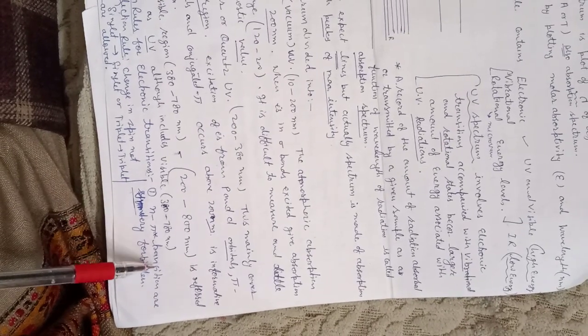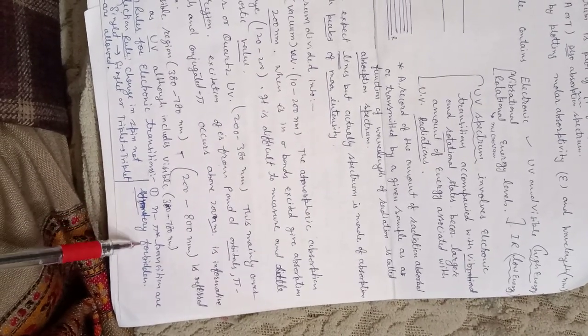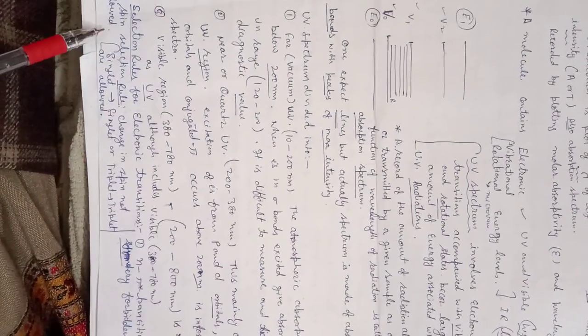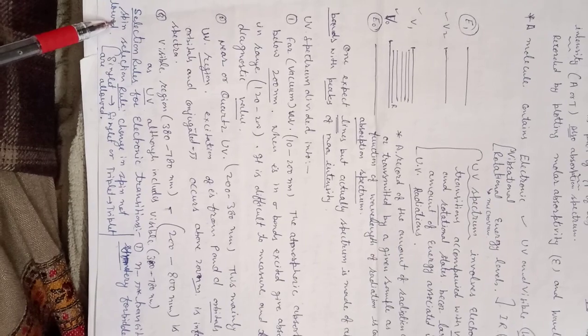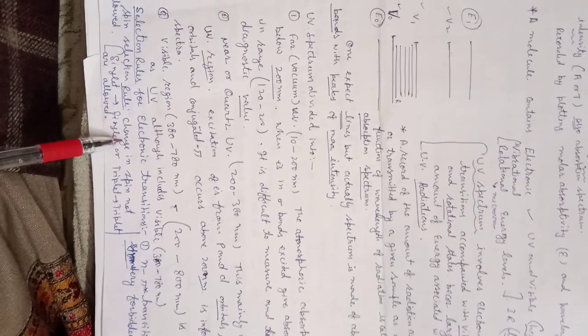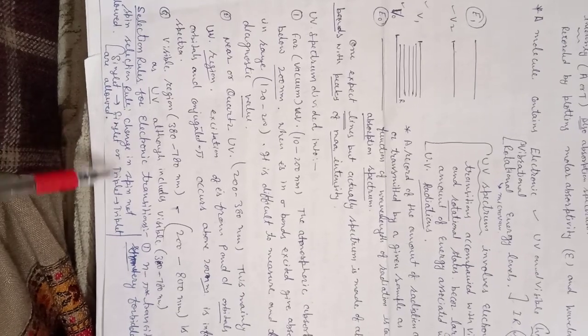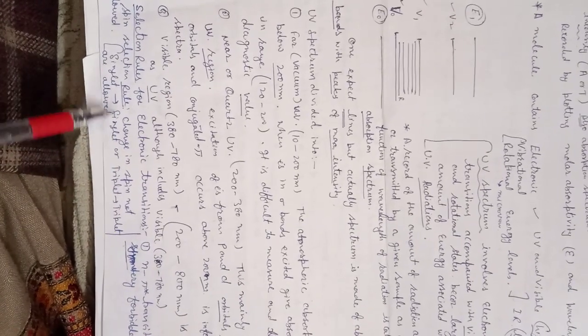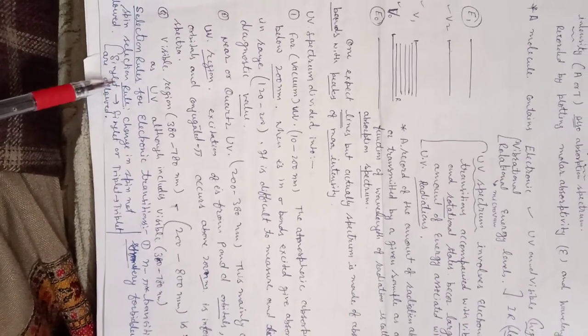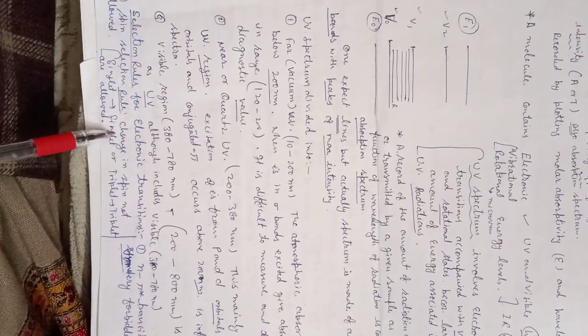There is a change in symmetry, and this is a symmetry forbidden transition. For the spin selection rule, change in spin is not allowed, meaning singlet to singlet or triplet to triplet are the only allowed transitions, and singlet to triplet or triplet to singlet are not allowed.